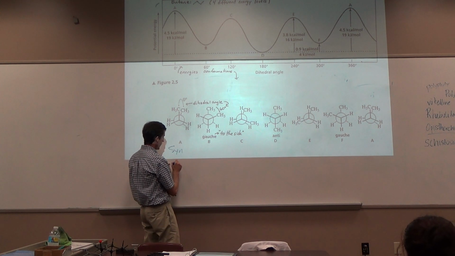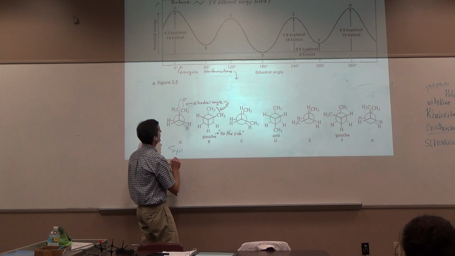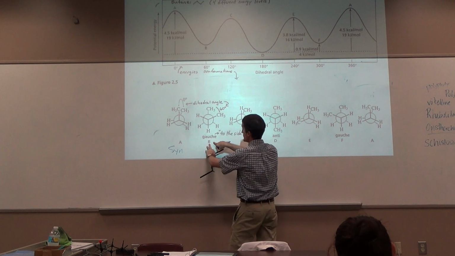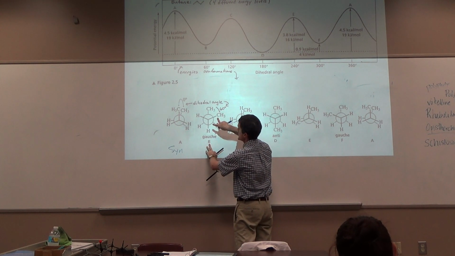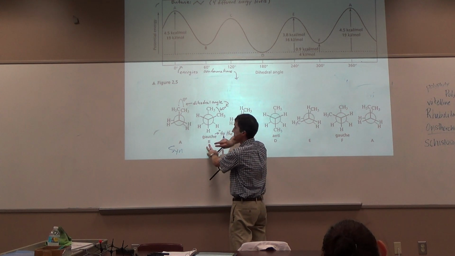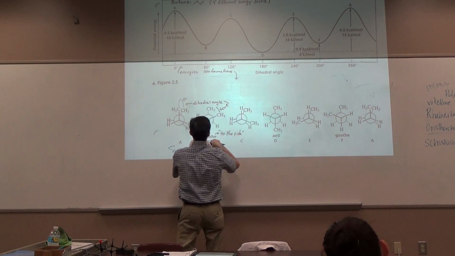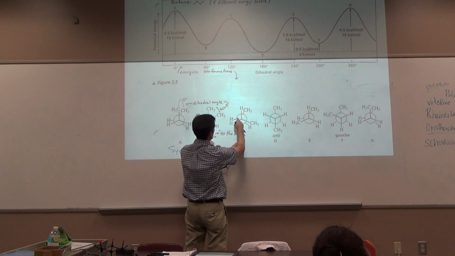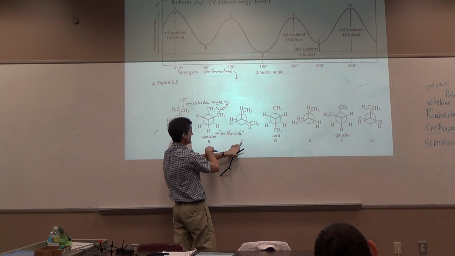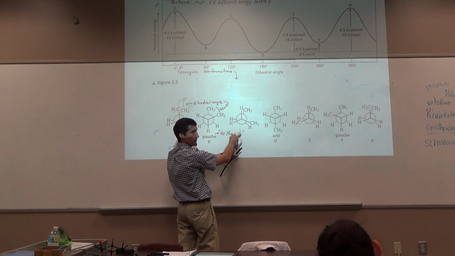So this is one. You've got A, and you go to B, which is lower than A. Everybody agree it's lower than A, because staggered is always better than eclipsed. So B should be lower. Then we get to C. What is that? It's eclipsed. So C should be higher than B because eclipsed is always worse than staggered.